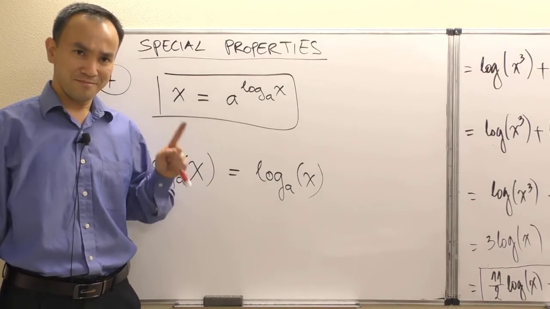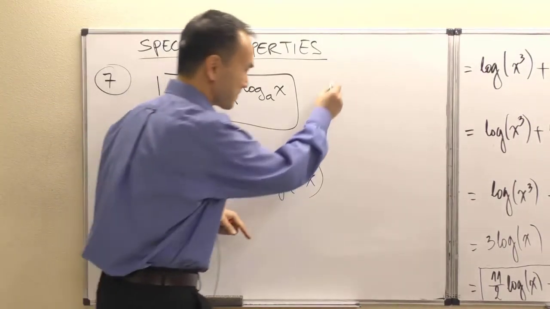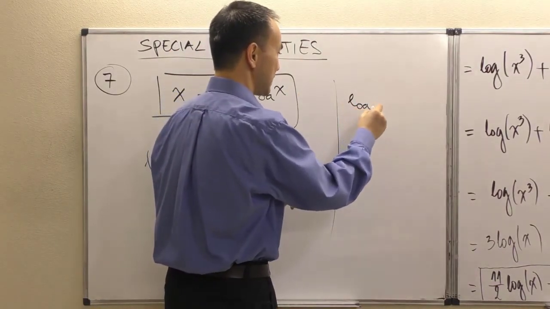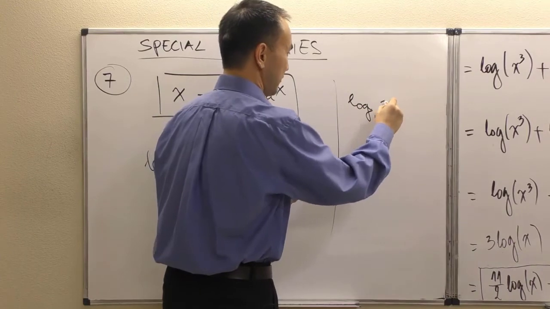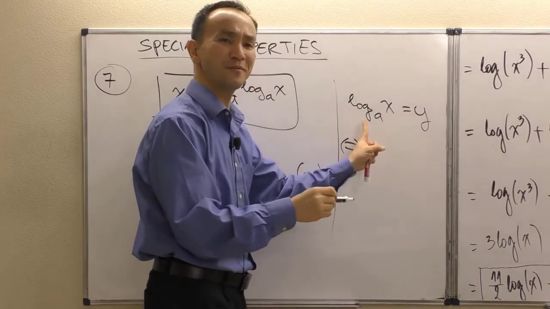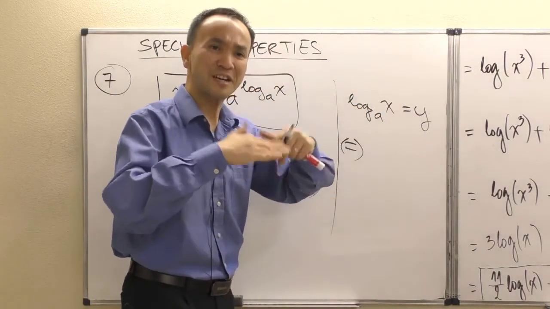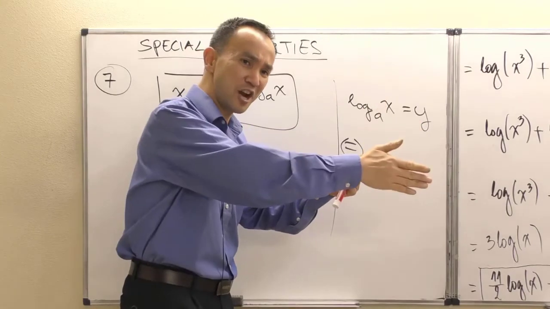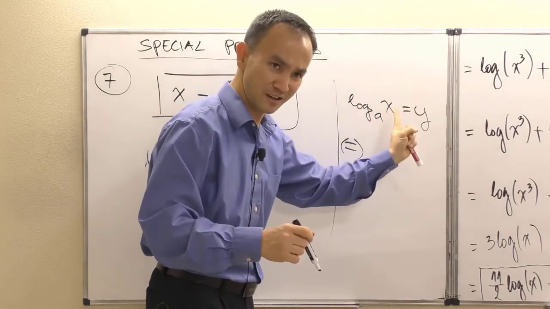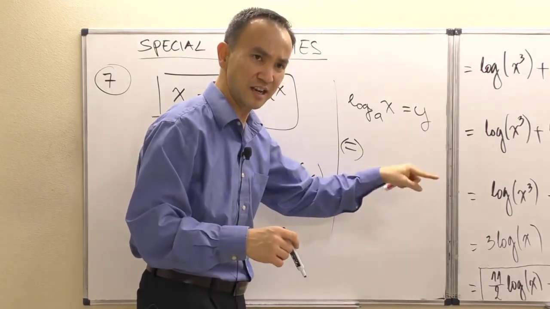Now, from our understanding, if things are plain like this, it's easy to recognize. Log base a of x equals y is what's called the logarithmic form, and we have an equivalent equation in exponential form.